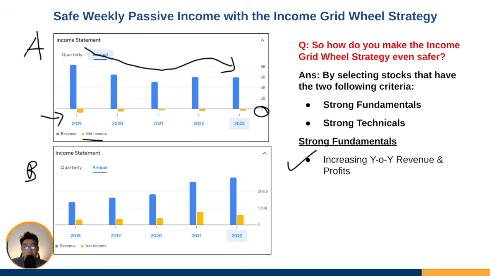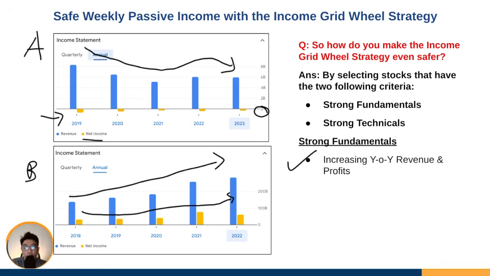Would you actually want to invest in a stock, or in fact just trade the wheel strategy, which can be a mid to long term strategy, in such kind of stocks, right? It's going to be a little bit risky, right? But take a look at company B, right? Stock B, you can see the revenue is pretty much just increasing, and also the net income is pretty much increasing as well, and it's net profitable over the last 5 years.